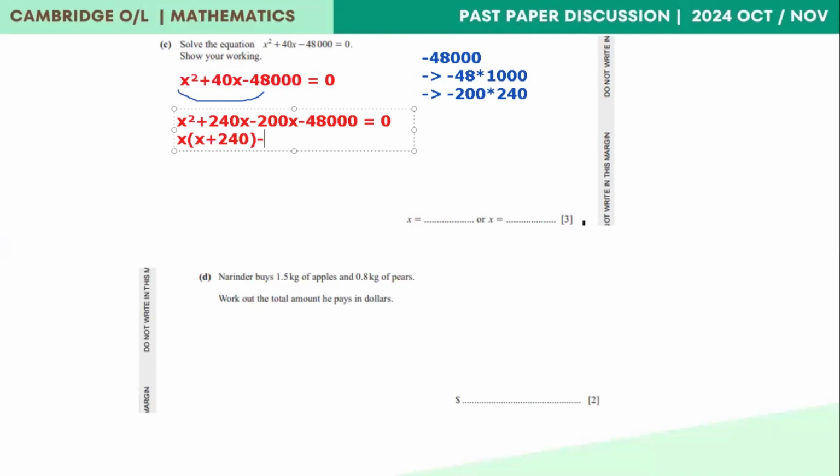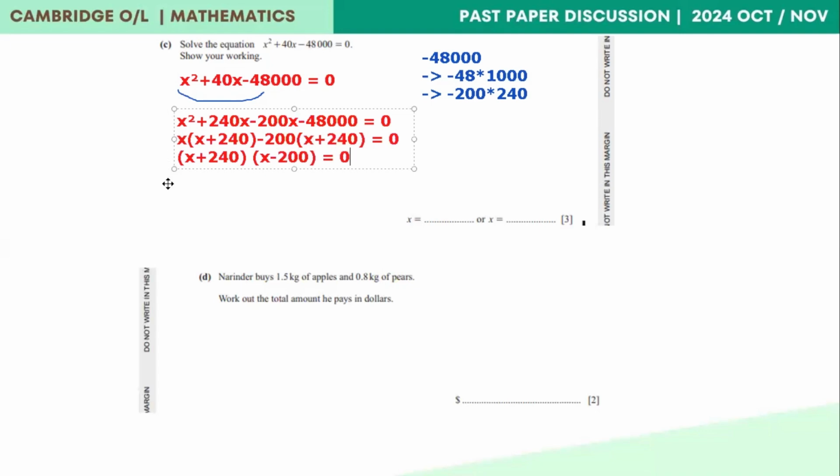And here we have minus 200 common to both. The same expression x plus 240 will come. So our final two expressions would be x plus 240 and x minus 200 equals 0.